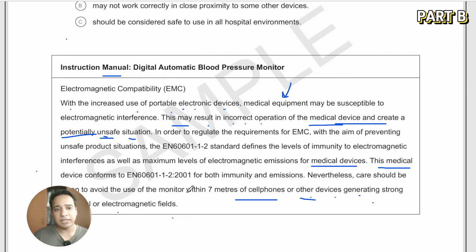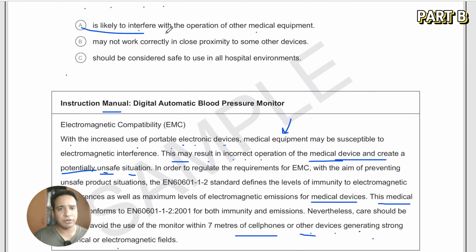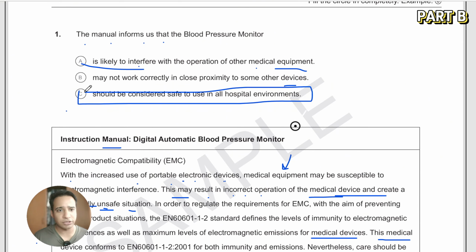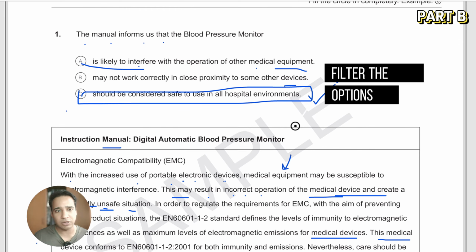So here, now let's look at the options. Interfere with operation of medical equipment. Okay, this one makes sense. May not work correctly in close proximity to some other devices. Okay, this also makes sense. Should be considered safe to use in all hospital environments. I think this one is not even mentioned in the text. As I told you, you have to omit this option.